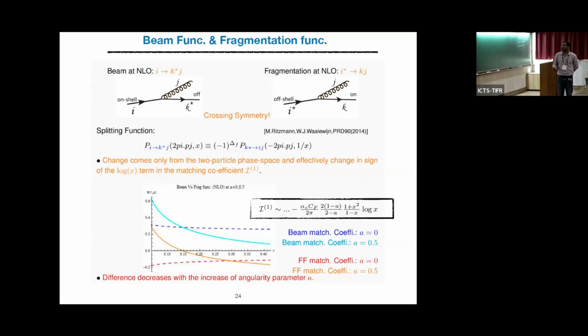Using that, we have seen that in the NLO coefficient of the beam function, there is only a sign change of the log x term. Interestingly, the coefficient of this term is A dependent again, so the difference between these two can be regulated by the value of A also.